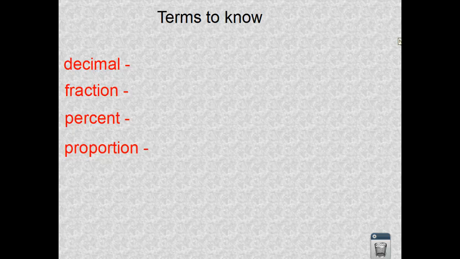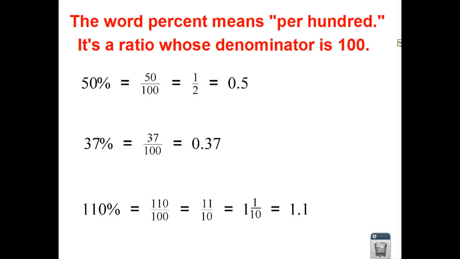Few terms to know. I'd like you to jot these down in your journals and define them. Okay, so talking a little bit about percent, I think it's important to note that the word percent means per hundred. And if we're talking about ratios, which we've done a lot of, a ratio is a comparison of two numbers.